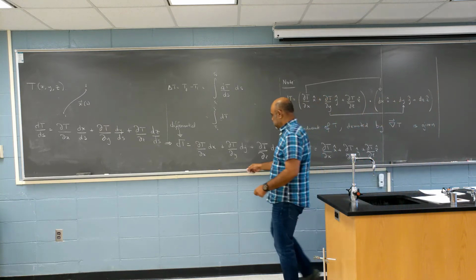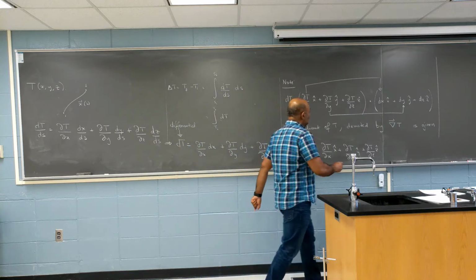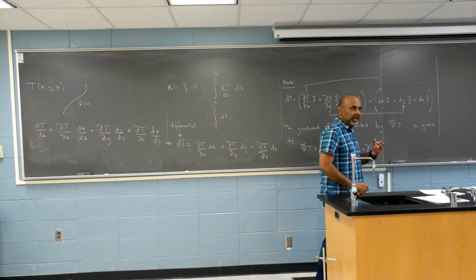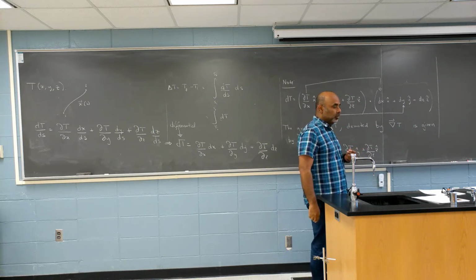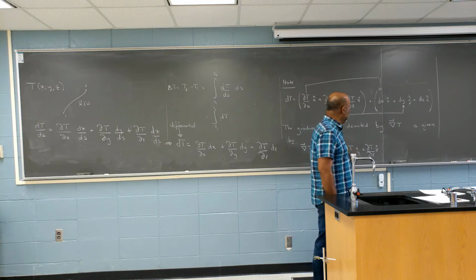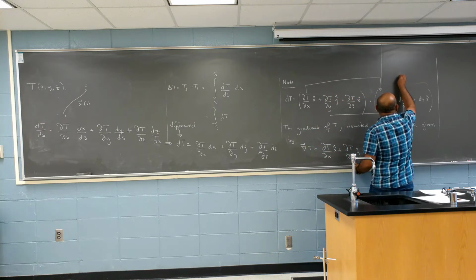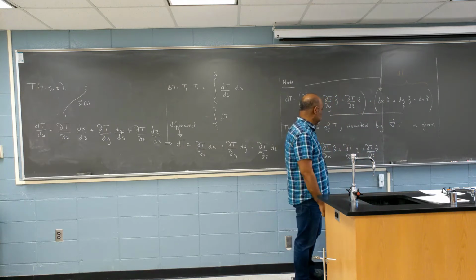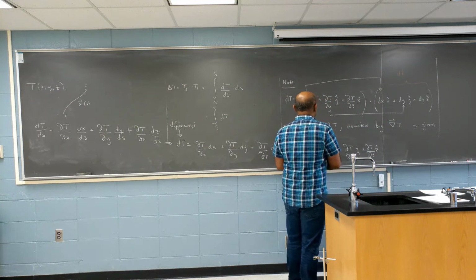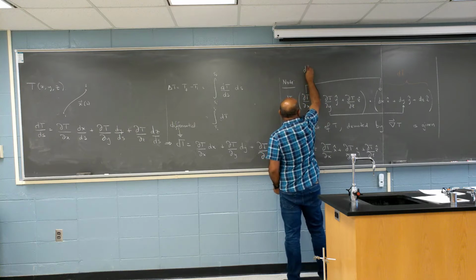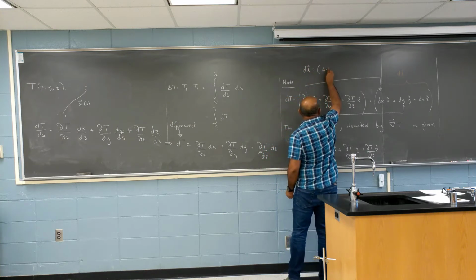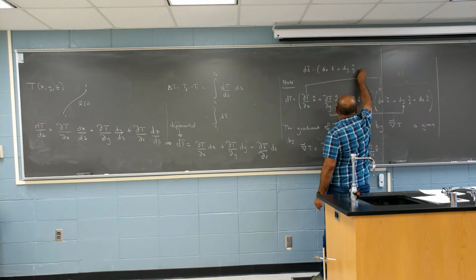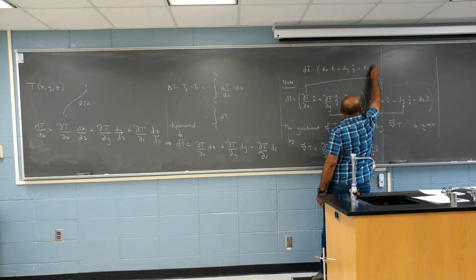This guy is denoted, it's a small change in displacement. So displacement, length in mind, this is denoted as dl. So literally what do I mean? dl is dx x hat plus dy y hat plus dz z hat.